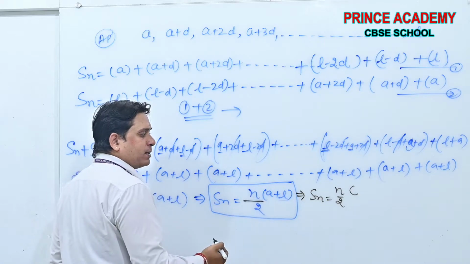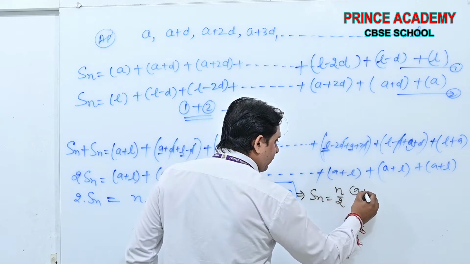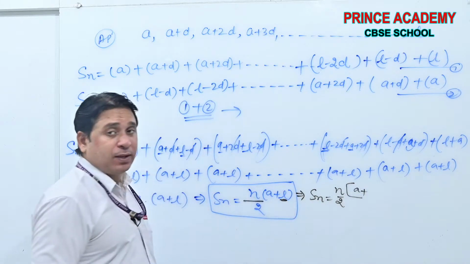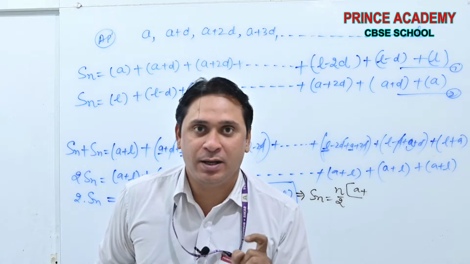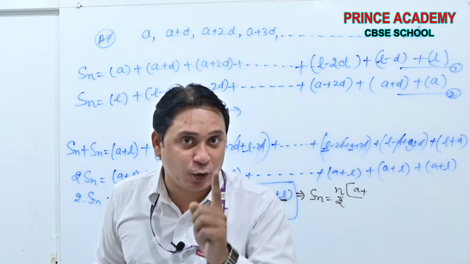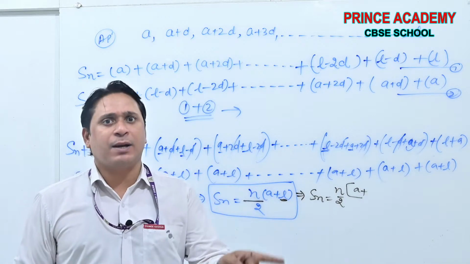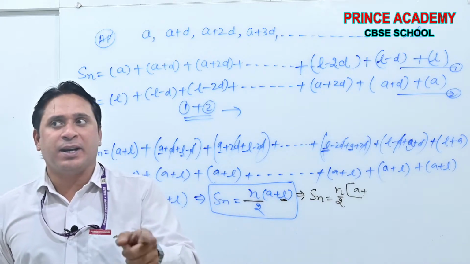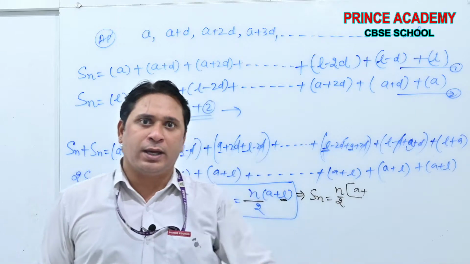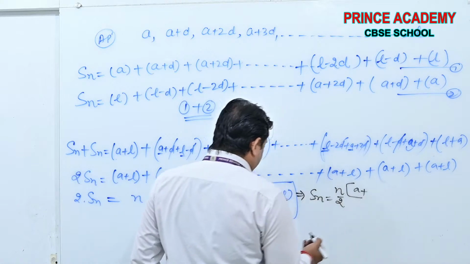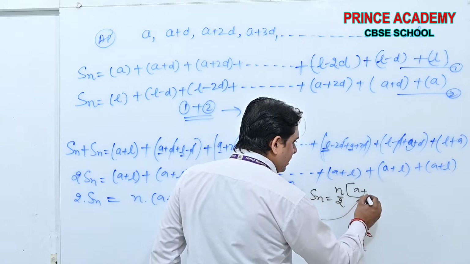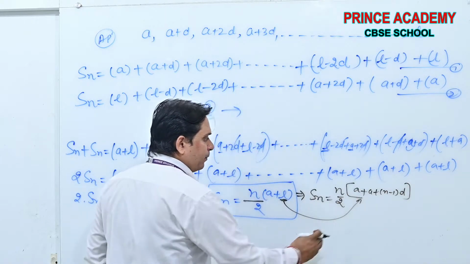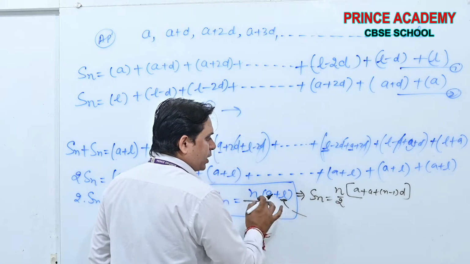N by 2 into A plus L. A is A. But L is the nth term, the last term is An, and the nth term can be written as A plus n minus 1 into D. Okay, I am writing this L as A plus n minus 1 into D. Okay, now see.